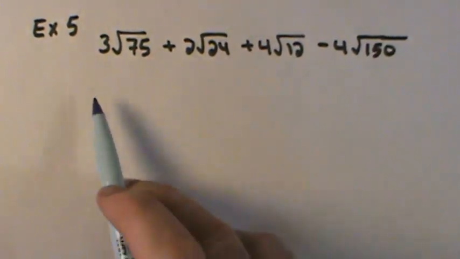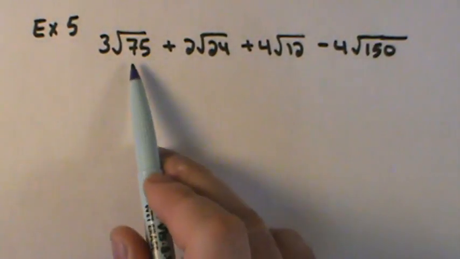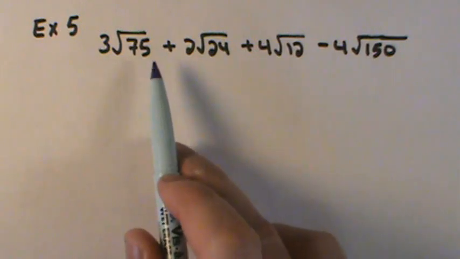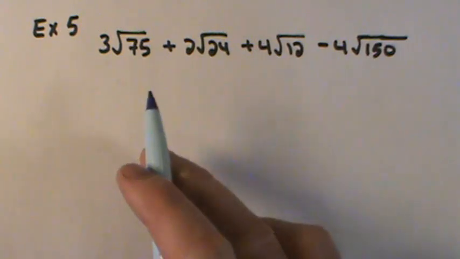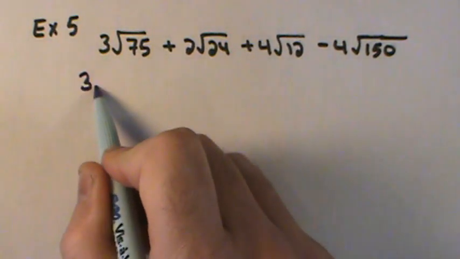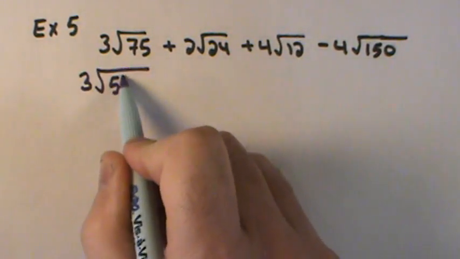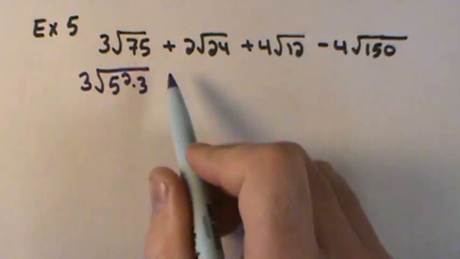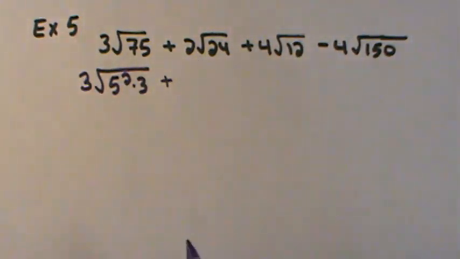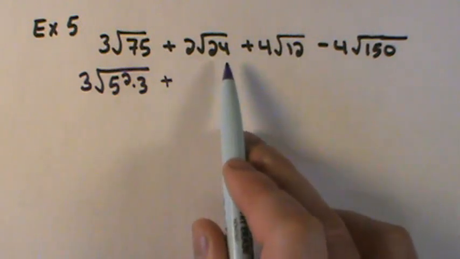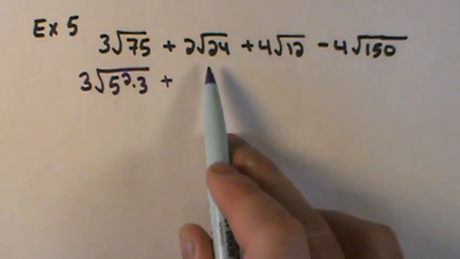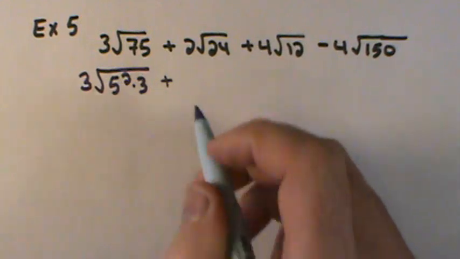Now, as I said, in these examples I'm going to go a little bit quicker. The 75 I recognize as 3 quarters. So 3 times 25, but 25 is 5 squared. So I'll go 3, 5 squared times 3. The 24 we did in a previous example, that's 4 times 6, where 6 is 2 times 3. Neither component could get out of the radical, but the 4 I could write as 2 squared.